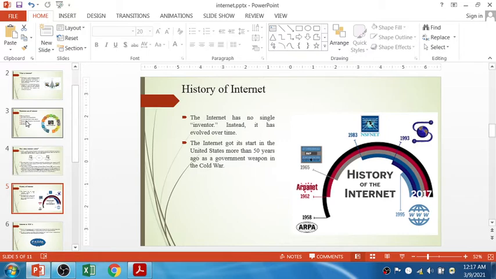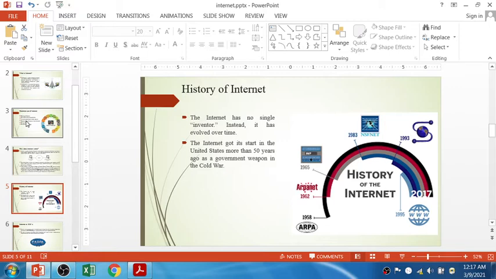Let's see about the history of the internet. You can see it starts its journey from 1950 and goes up to the 21st century.